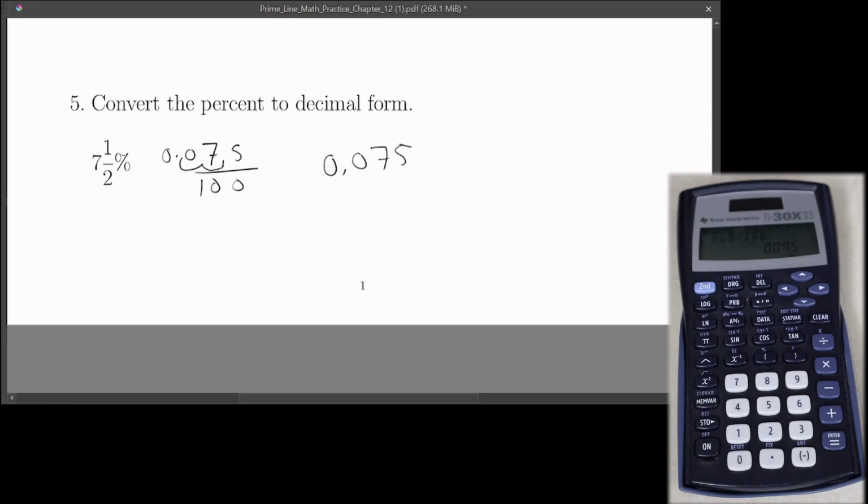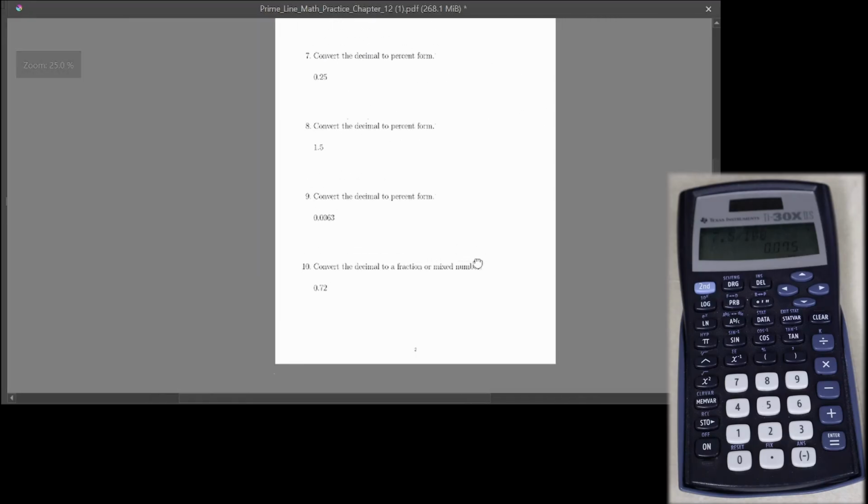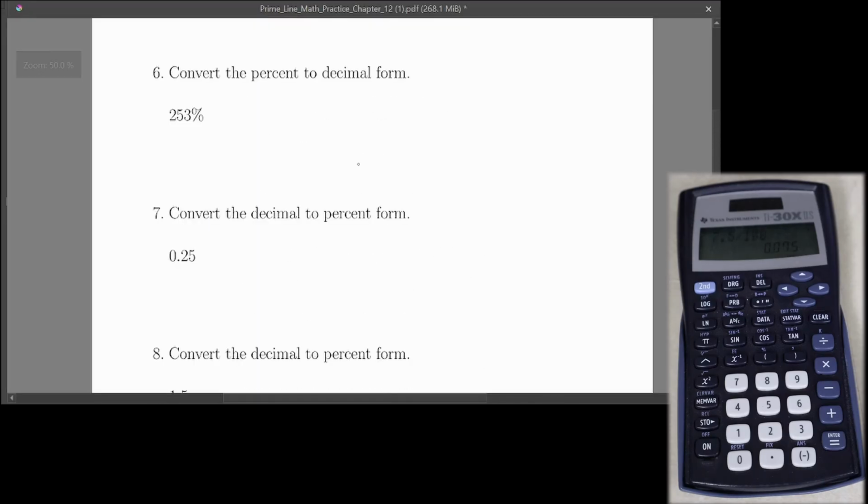Okay, moving on to page 6, or problem number 6. So converting our percent to decimal form, if we move our decimal place 1, 2, our value is going to be 2.53.